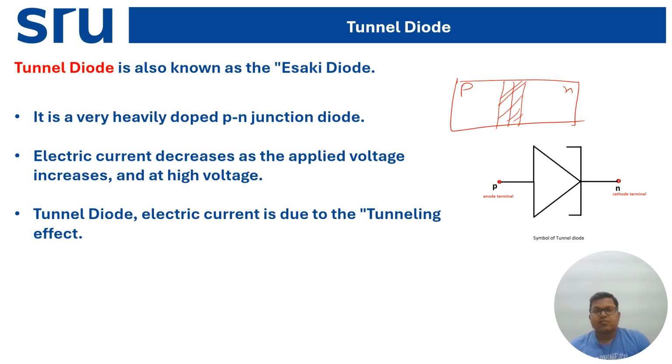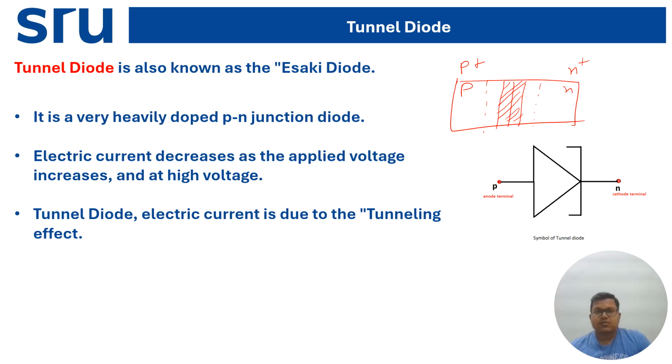Maybe the earlier junction was like this, and when we make this side p plus and this side n plus, the junction shrinks to this. Okay, understood?